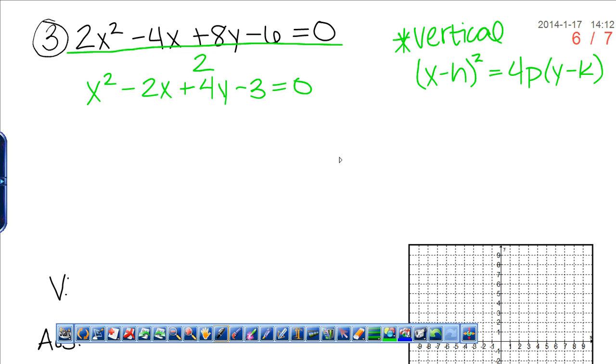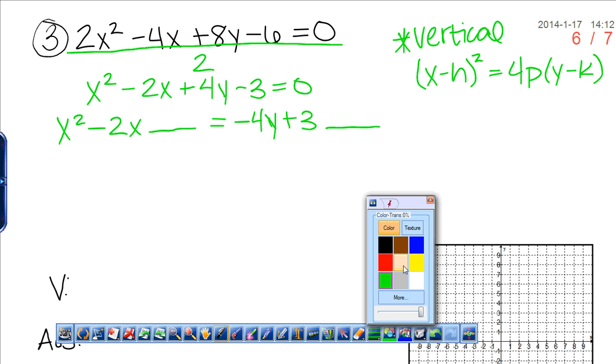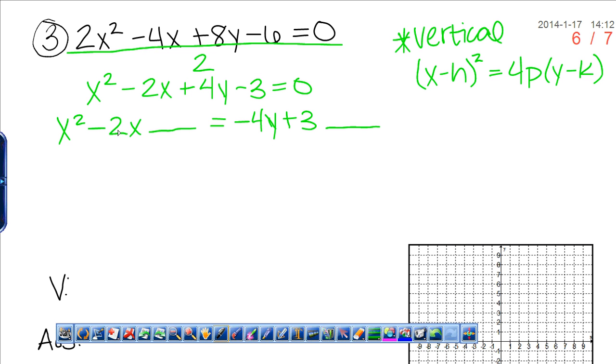Okay, sorry about that. Now we want to get all the x stuff on the left and all the other stuff on the right. I'm going to have x squared minus 2x. I'm going to leave a blank to complete the square. Is equal to, move my 4y, so negative 4y plus 3, and my blank to counteract. All right, so my b value is negative 2. Half it, and you get negative 1.